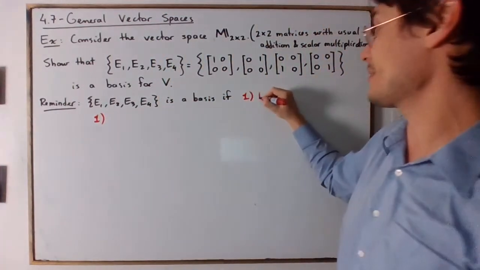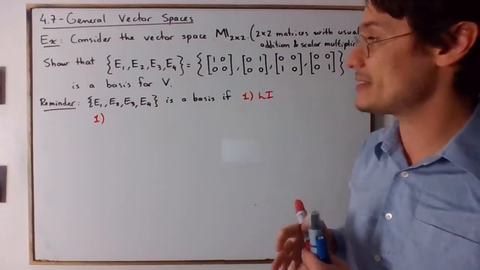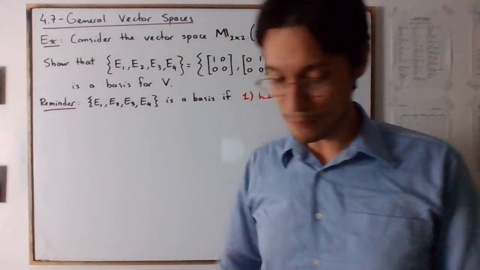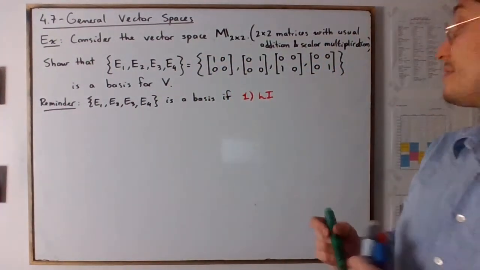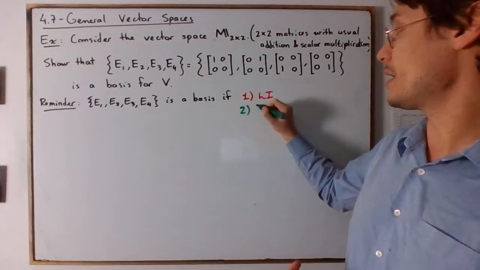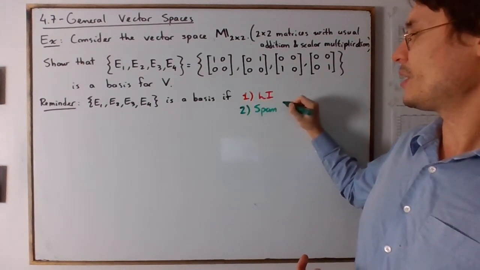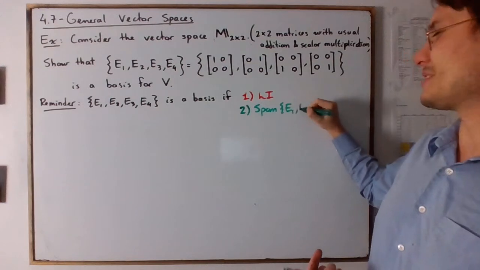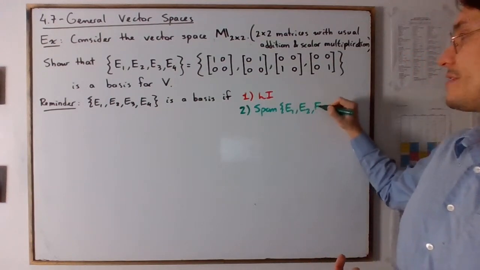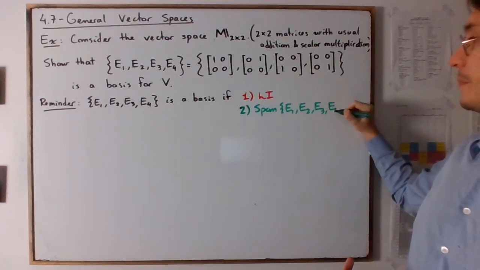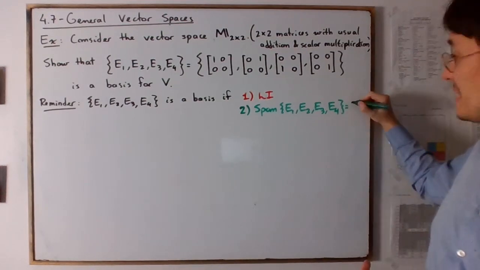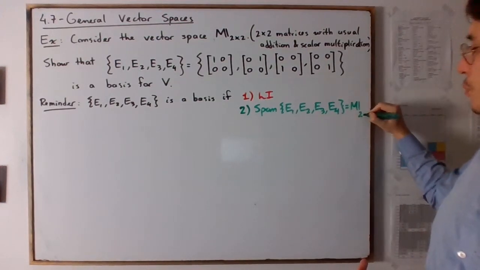Let's actually write it here. Linearly independent. And condition number two is that the span of these matrices, so span of E1, E2, E3, E4, turns out to be exactly M2 by 2.